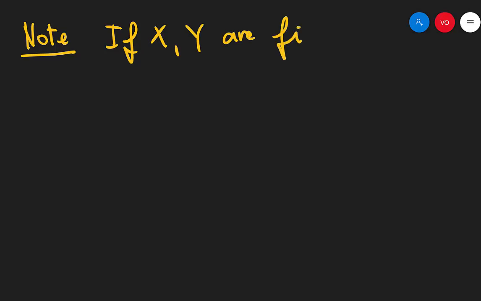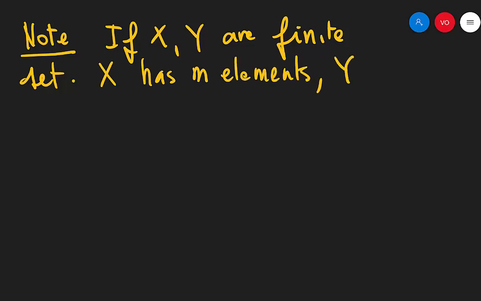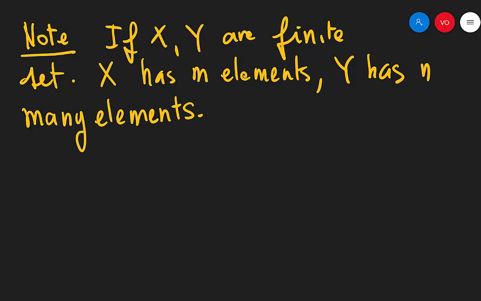So note that if X and Y are finite sets, and let's say that X has m elements and Y has n many elements, then the Cartesian product X cross Y has m times n elements in it.